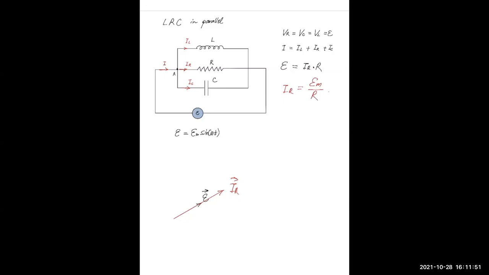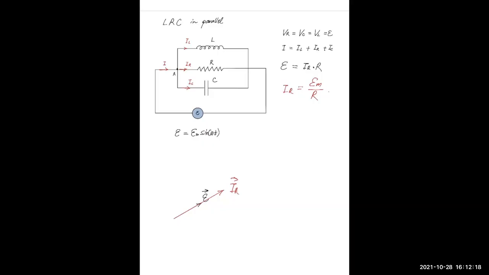Okay, now let's look at IL and IC. We saw the relationship between the voltage and current in each element when we studied them in series. The same relation holds true this time as well, because if you consider only V and I for one element, it doesn't matter how this element is connected with the rest of the circuit.